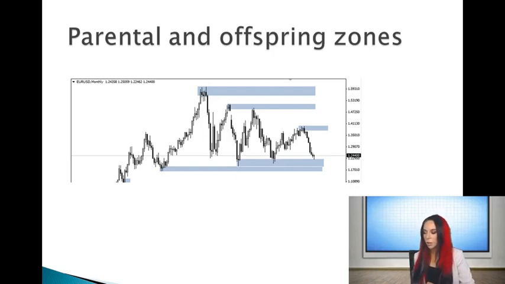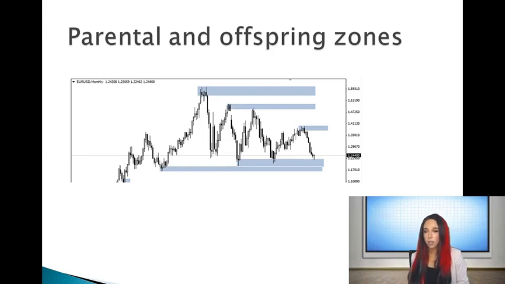And this is also because technically by the time the price tests the offspring zone, it's already that second test of the area, which means that there may not be enough orders to provide enough volume and momentum for another bounce. Of course, I'm talking about institutional orders, not retail orders. So all supply demand zones are ideally valid for trading the first pullback into the zone and then any subsequent pullbacks into the area generally weakens the zone.